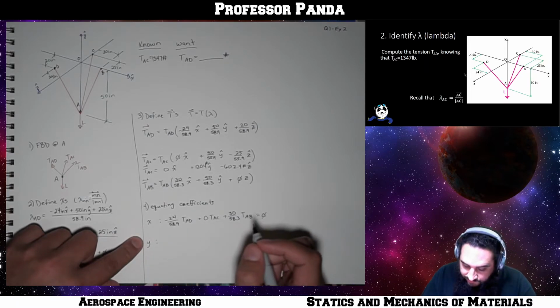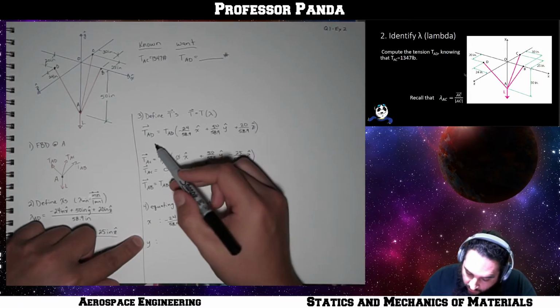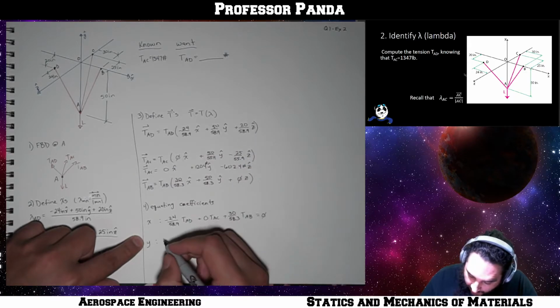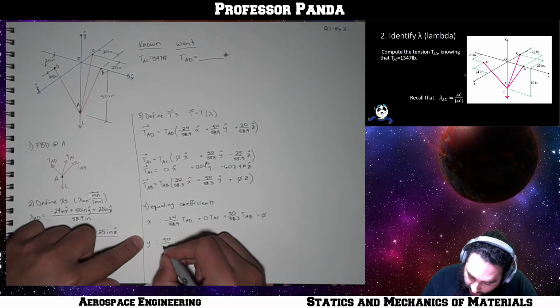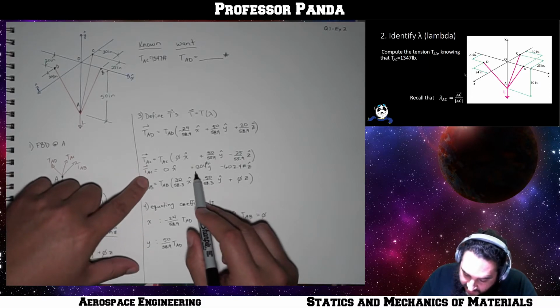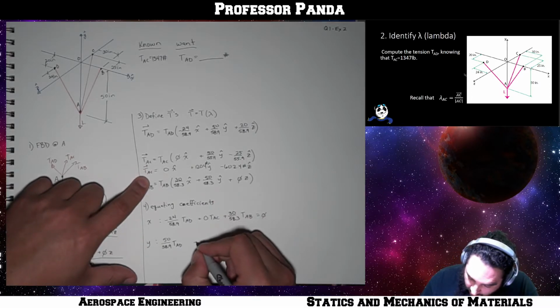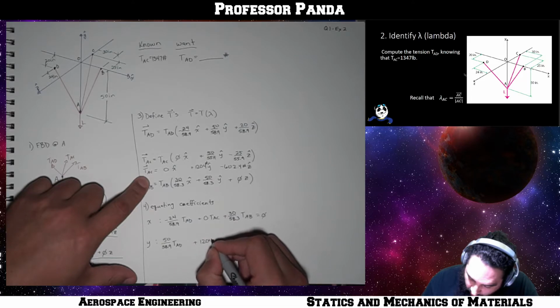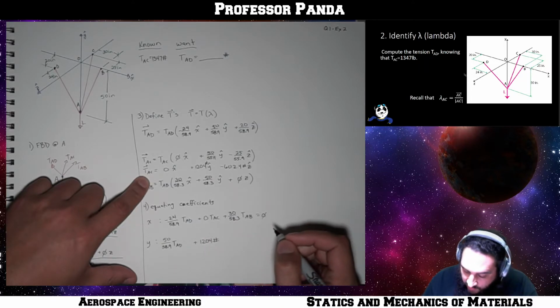Y equations. We're going to start again with TAD. And we will have 50 over 58.9 TAD. TAC will be plus 1204 pounds, right?